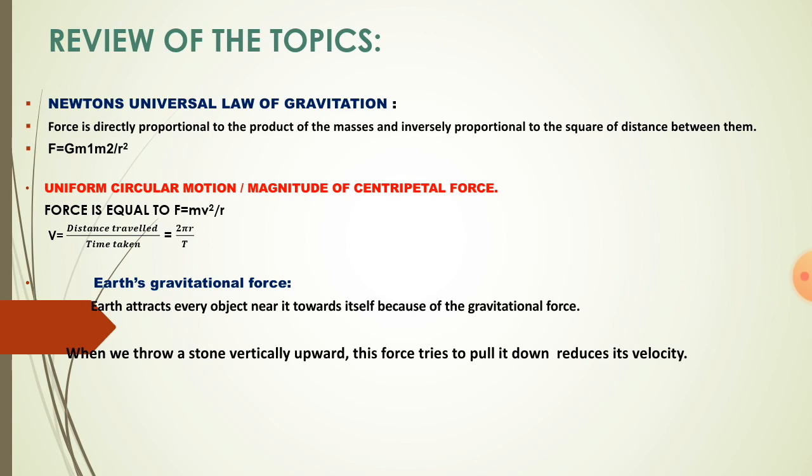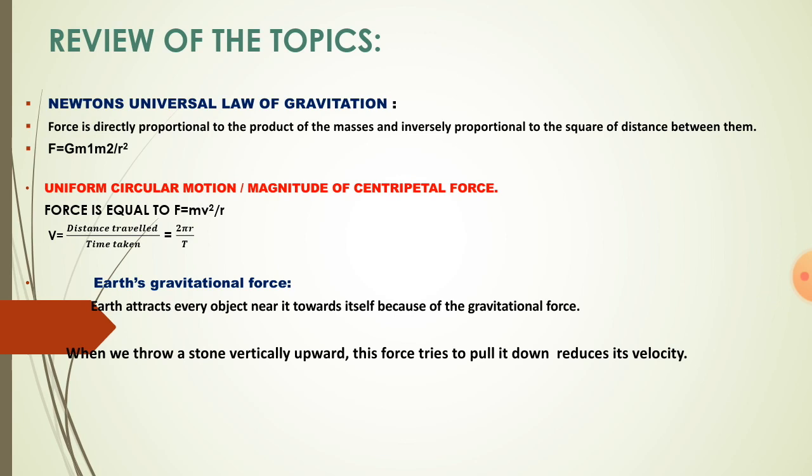Then we have seen Earth's gravitational force. Here we have taken various examples. First, what do we mean by this? Earth attracts every object near it towards itself because of the gravitational force.